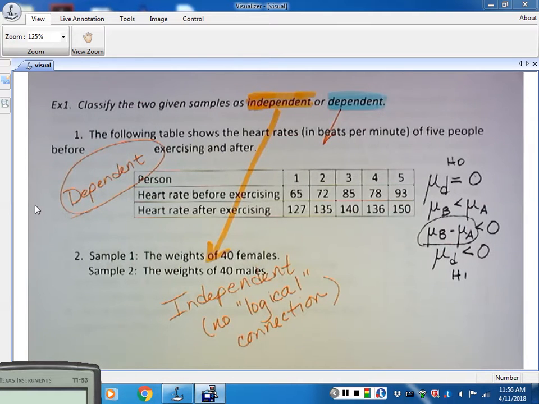There is no logical connection that we can think of that would make their weights related to each other in any way.